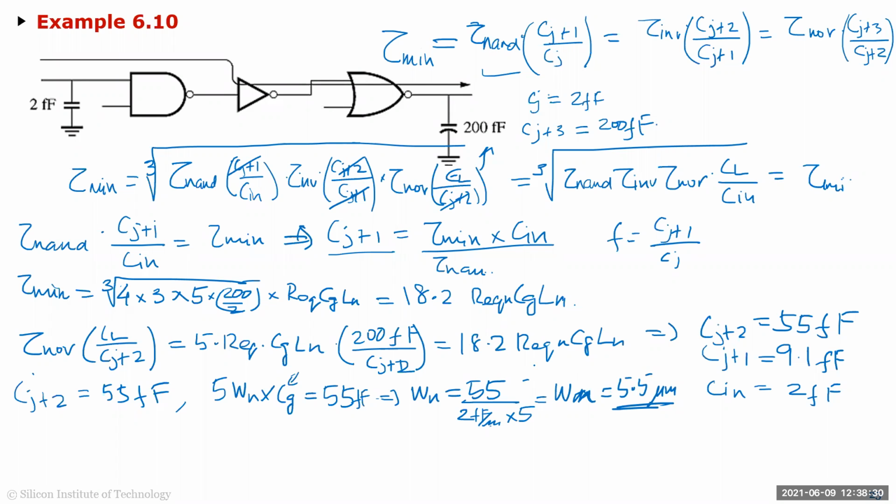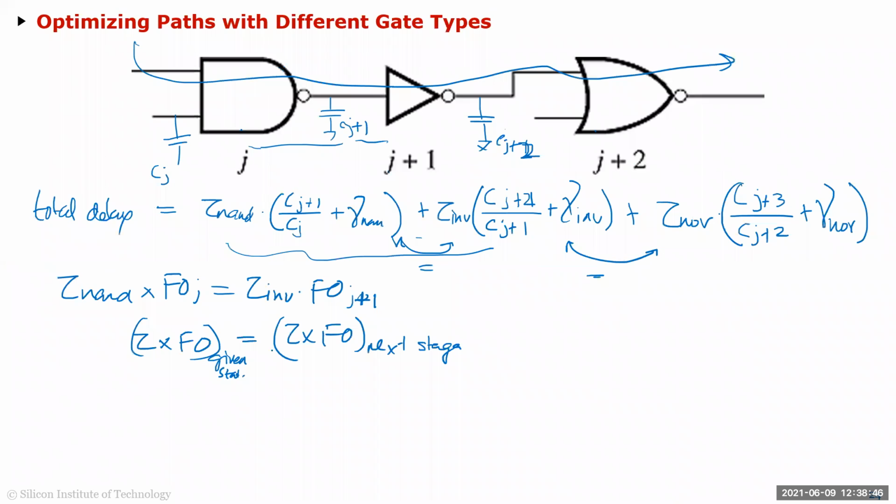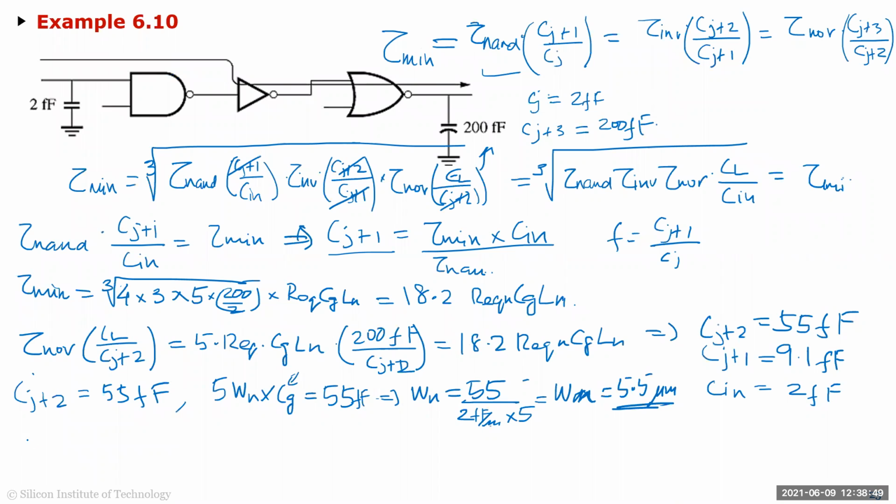Okay, so which means that for the NOR gate, you're going to size this as 5.5, so WP is going to be 22. So here WN is 5.5 and WP is 22, right, for the NOR gate.